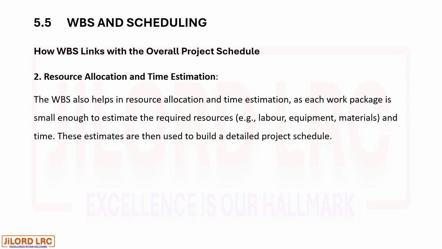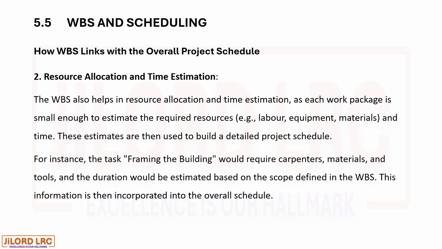These estimates are then used to build a detailed project schedule. For instance, the task framing the building will require carpenters, materials, and tools, and the duration will be estimated based on the scope defined in the WBS. This information is then incorporated into the overall schedule.